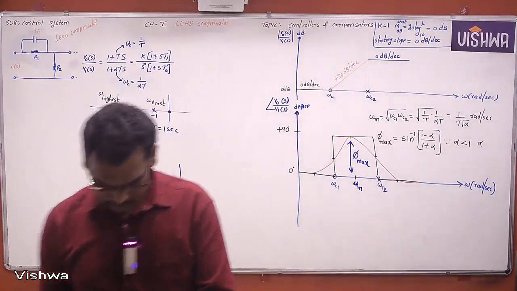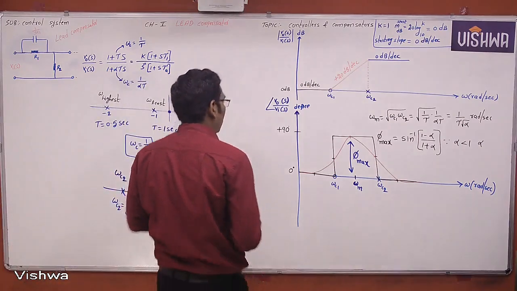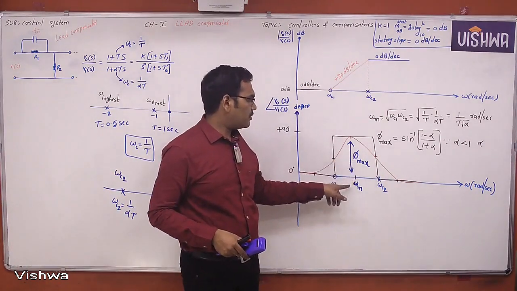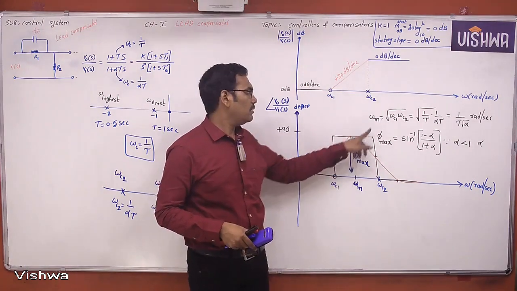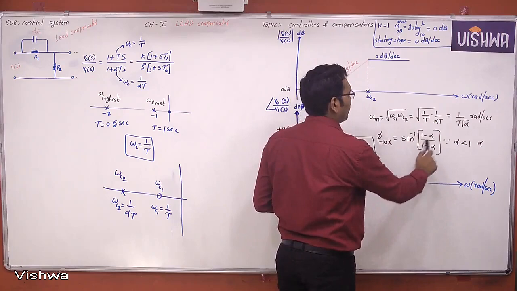So the maximum phase occurs at this particular frequency, the geometric mean of the two corner frequencies, and these characteristics completely depend upon the compensator parameters.